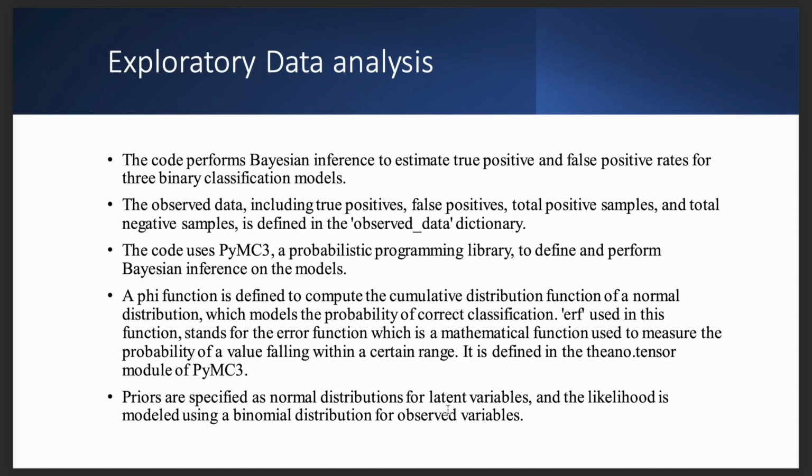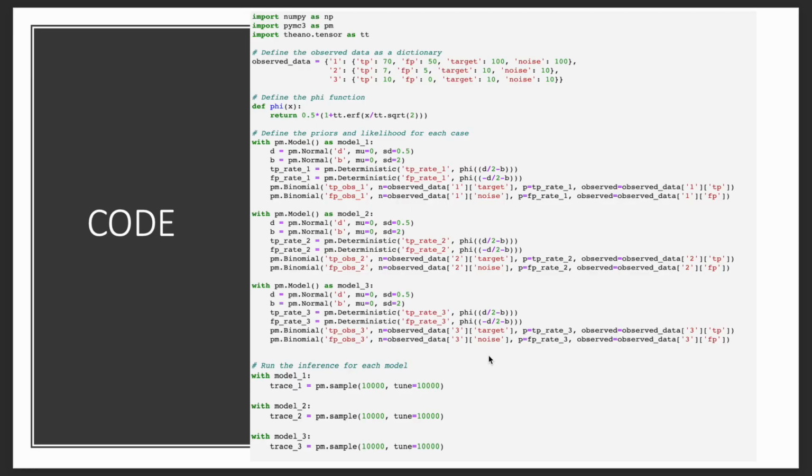Now let's move forward to the code used in this project and the exploratory data analysis that we did. This code performs Bayesian inference to estimate three binary classification models: true positive and false positive rates, discriminability, and the bias. Each model has a different set of observed data defined in the observed data dictionary.